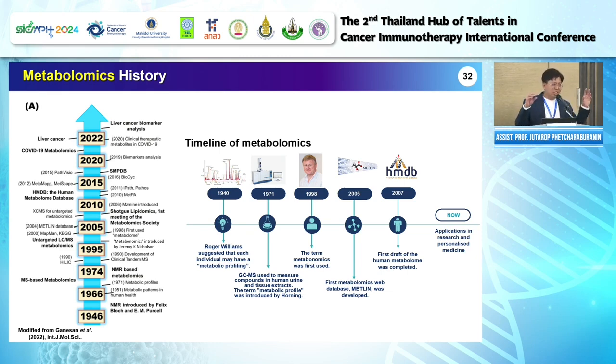All of these share the same sort of definitions, but each of them has somehow a unique definition or characteristic to describe it. For metabolomics, with the L, and metabonomics, with the N, there is a slight difference between the two.